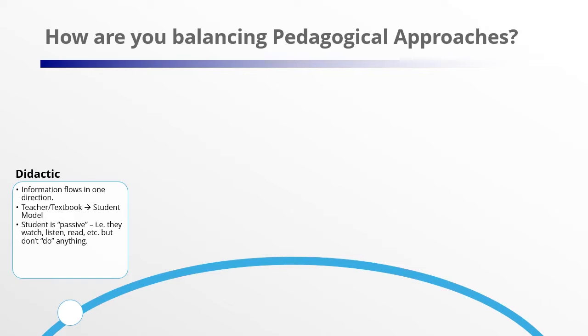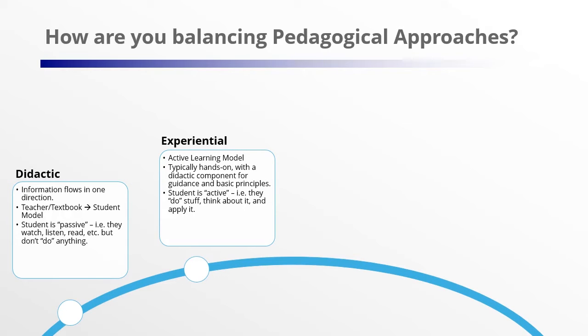Now, this is not necessarily a bad thing, right? We all learn this way to some extent. Some people learn better this way, other people learn worse this way. But this is a tool of pedagogy that all museum experiences apply, to a greater or lesser extent. A little bit further down the spectrum, you've got the experiential model, which is basically the active learning model.